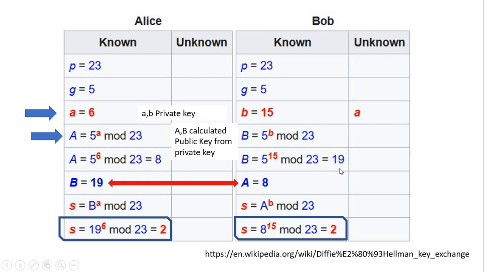They exchange the public key numbers with each other. So Bob's 19 is given to Alice, and Alice's 8 is given to Bob. Again, through advanced mathematics, we get back the same shared key of 2.